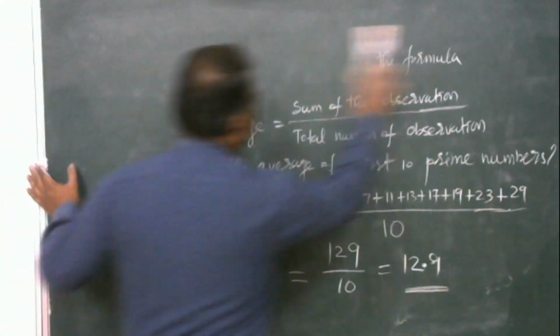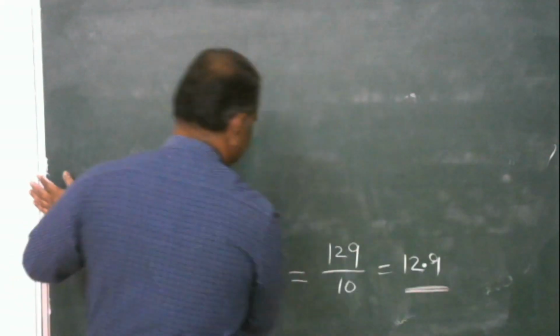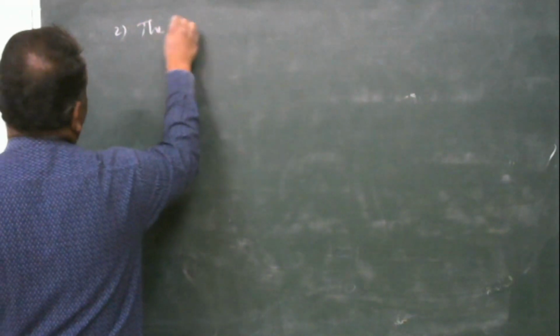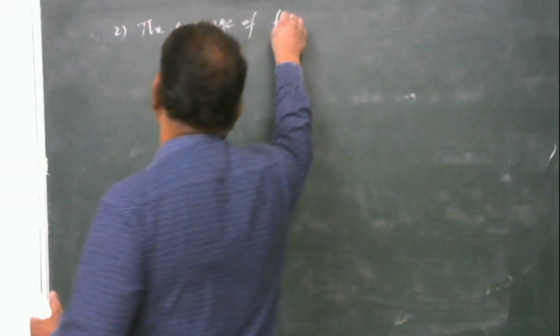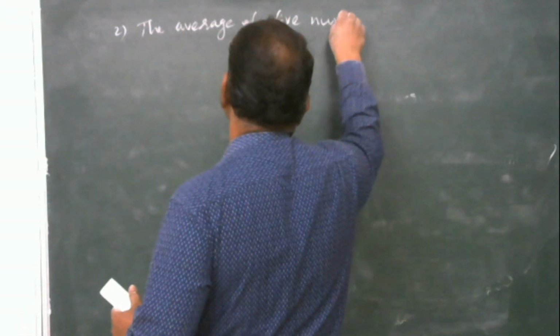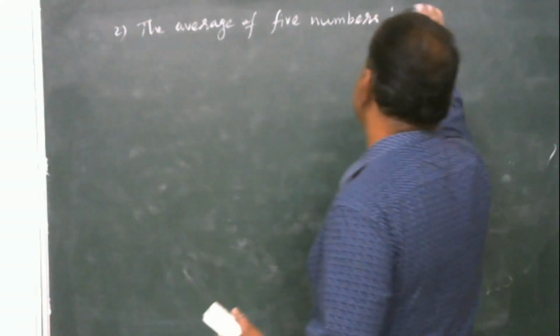Final questions. One more question. Second question: the average of 5 numbers is 27.